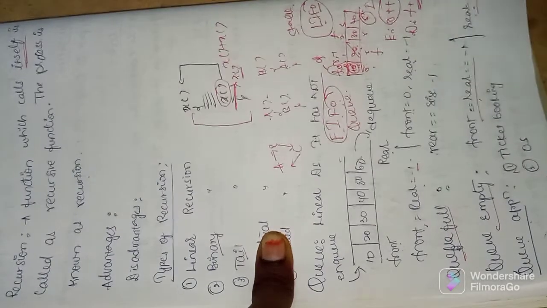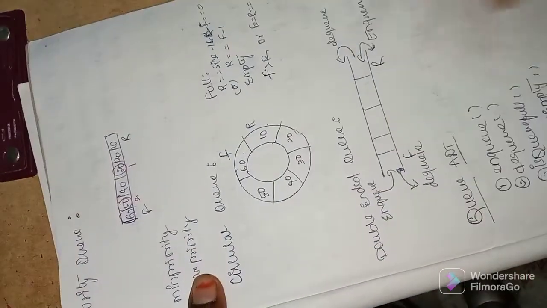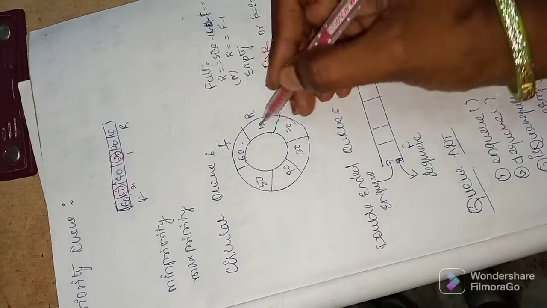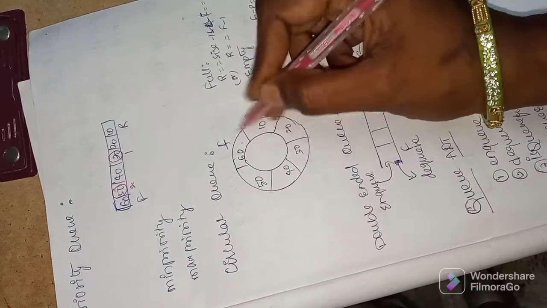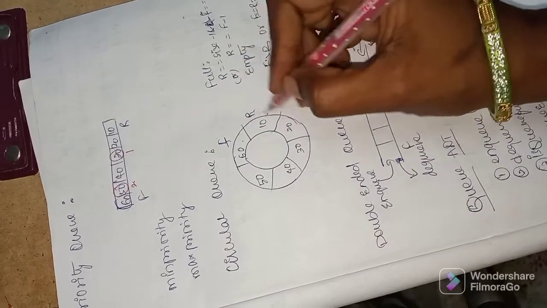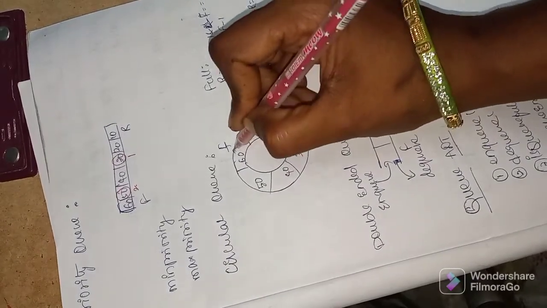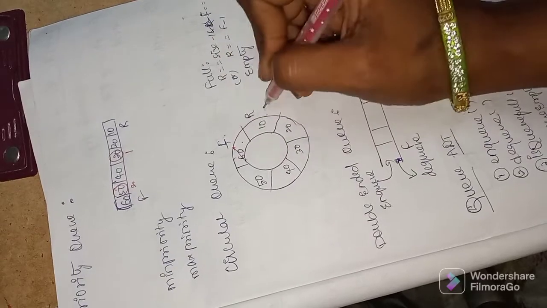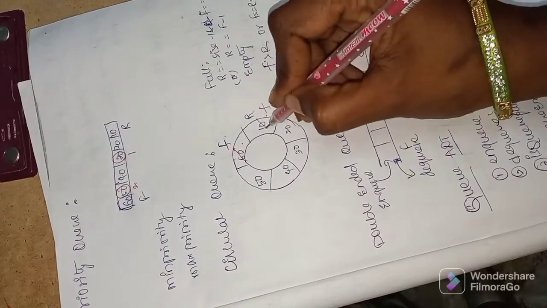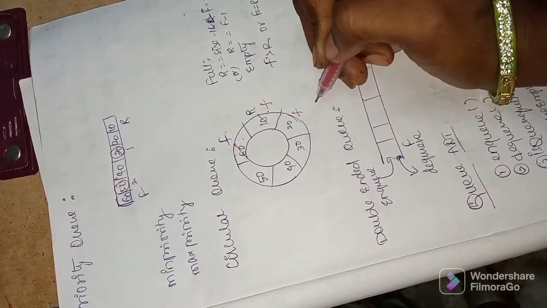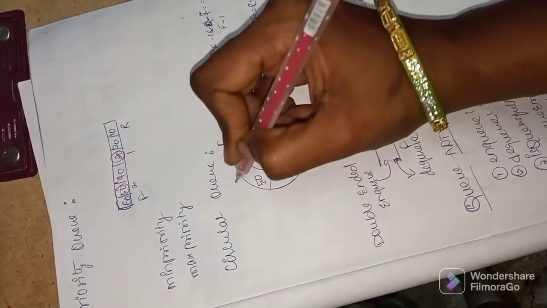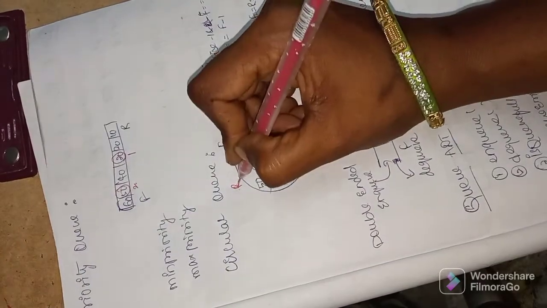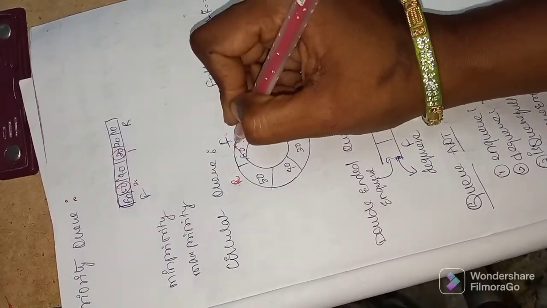So to overcome this problem, we introduced the circular queue. In a circular queue, I insert the elements like a normal queue only. Deletion is also like the normal queue only. For example, I deleted this element. So where does F come? F comes here. If I delete this element, F comes here. Now, whenever you are inserting an element, for example, consider my R is here, rear is here. Now F is here.